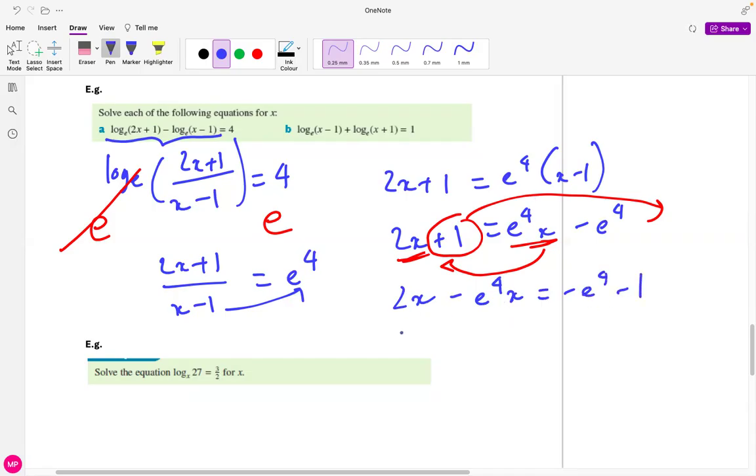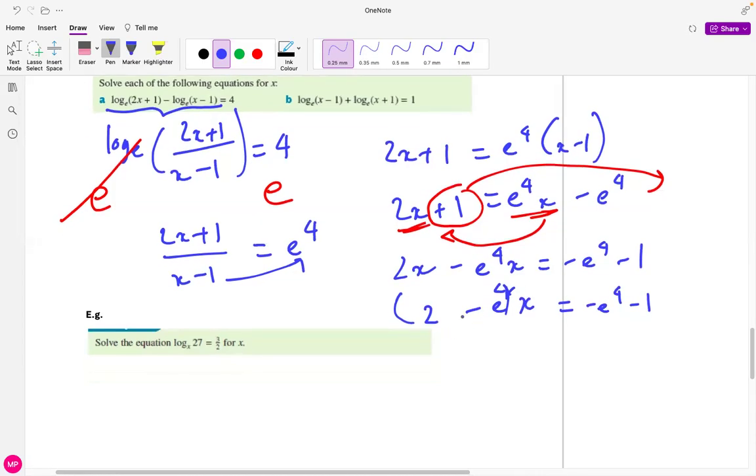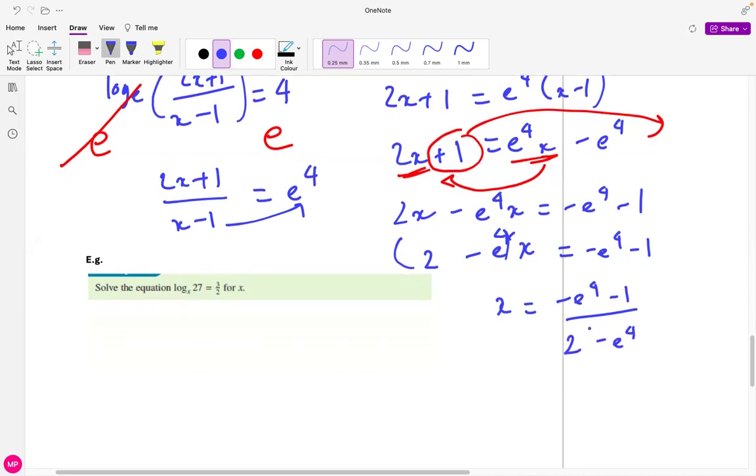Then we combine these. So we take x as the common factor. We will have x times 2 minus a^4 equals negative a^4 minus 1. Then we divide, so x equals negative a^4 minus 1 on 2 minus a^4, which we can make nicer if we have a negative.